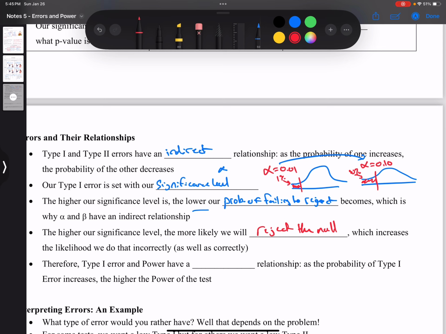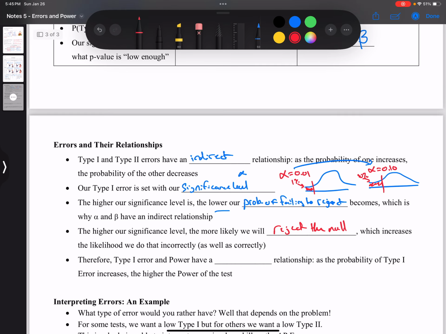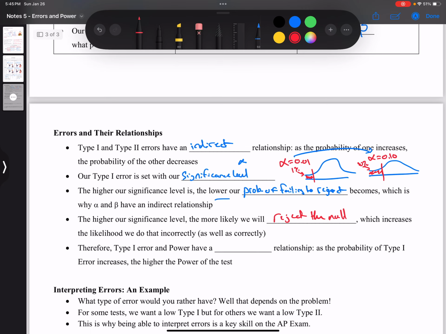I know that seems a little counterintuitive, but as we increase alpha, we have more false positives, and we also make the correct decision more often. Therefore type 1 error and power have a direct relationship.